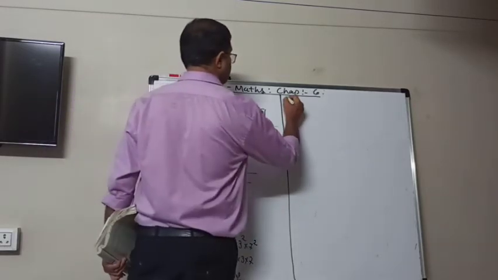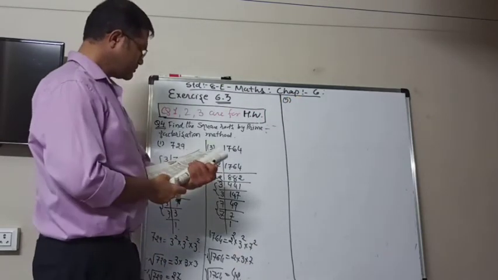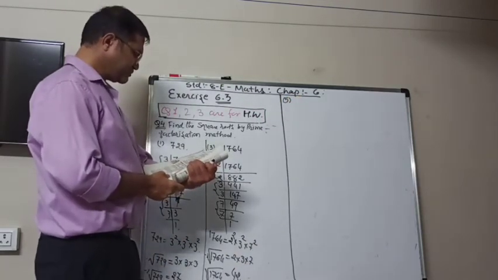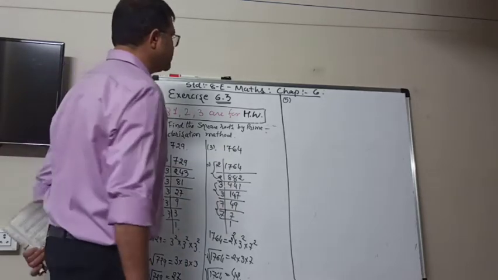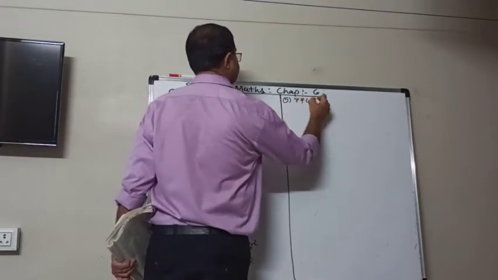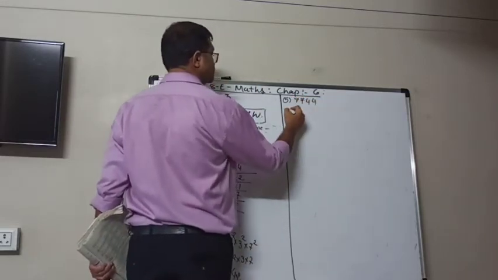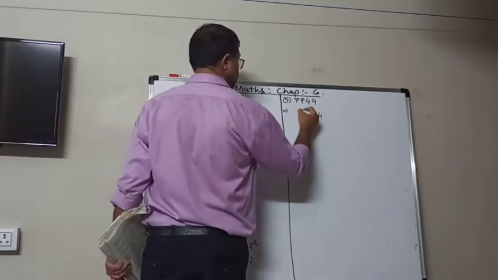Now we can do the fifth one. Fifth one is 7744. So let's factorize it.